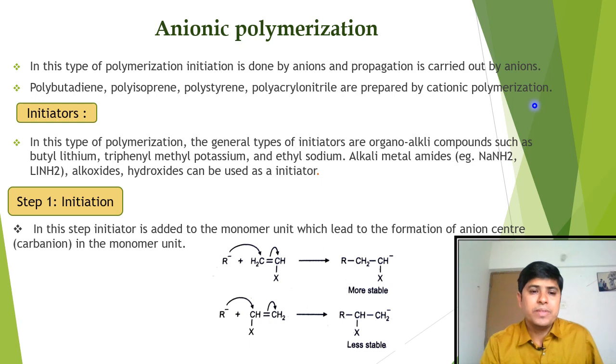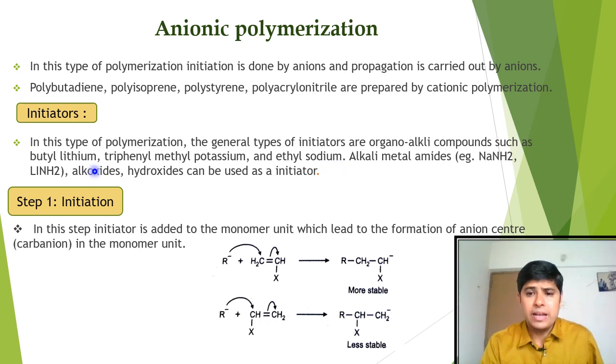So the first step, we know, is initiation. For this initiation we want initiators. The general types of initiators are organoalkali compounds such as butyl lithium, triphenyl methyl potassium and ethyl sodium.